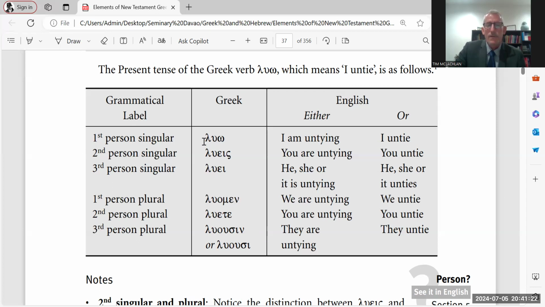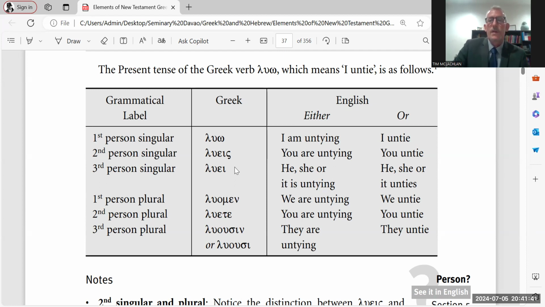Okay, so you see that. So if I was unloosening by myself, I could just say luo, because that's I am. You is lueis, and then the third person singular, like he, for example, luei.